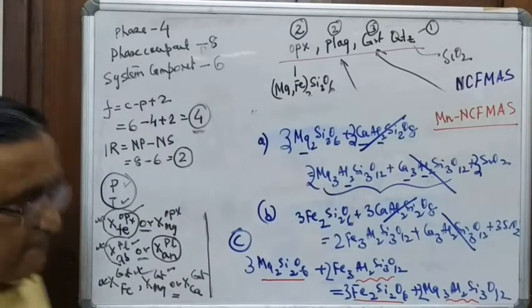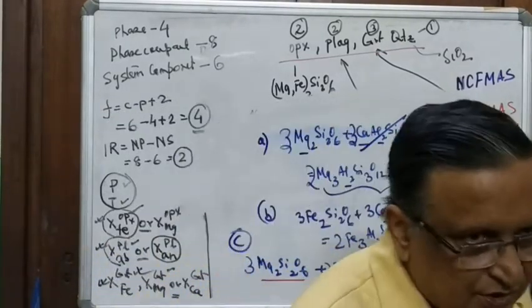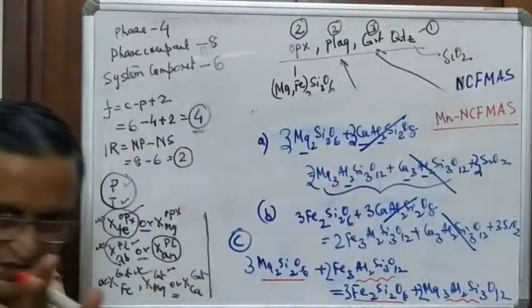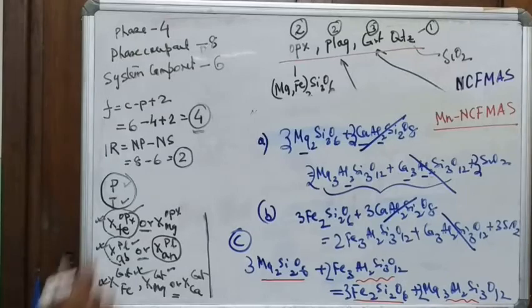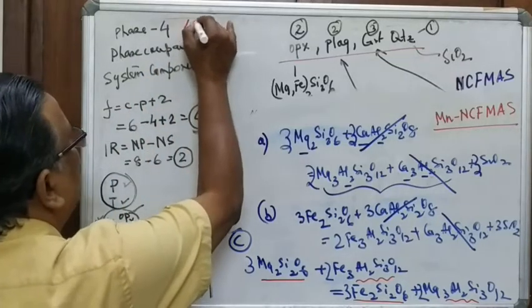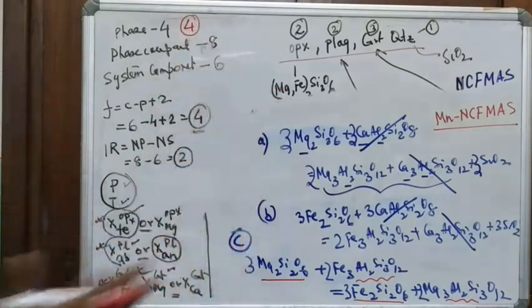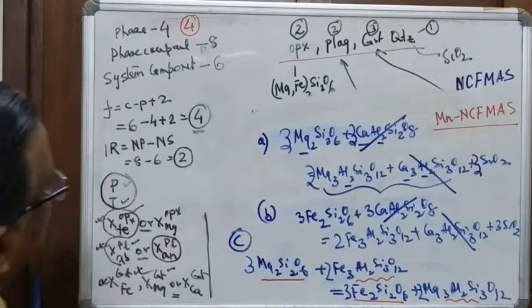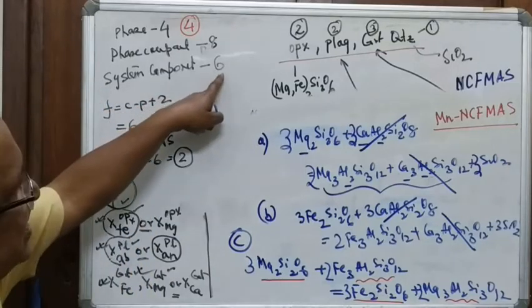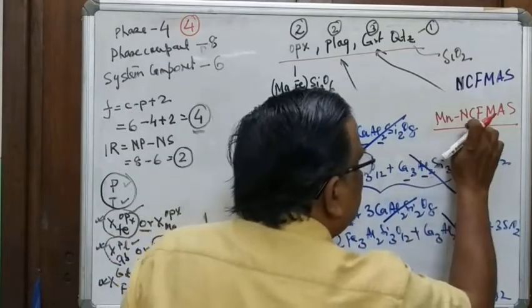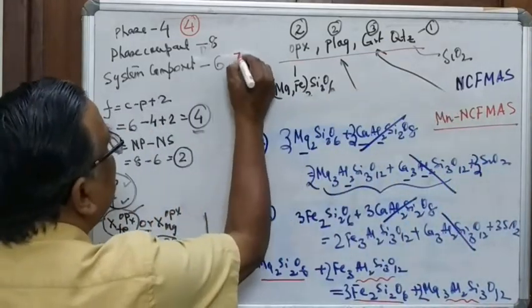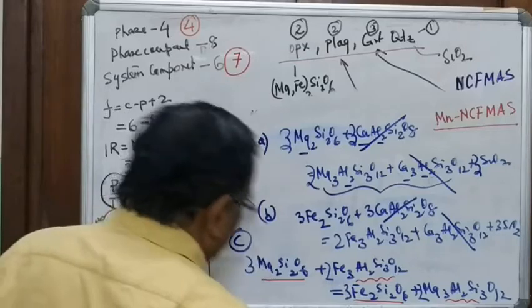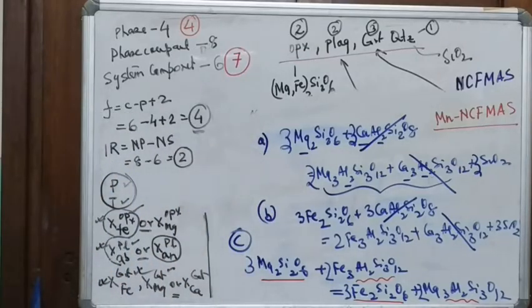If there is Mn in addition, so you can see here, once again giving the clue, phases here are 4, it also remains 4 because we haven't added any phase as such. System components now, it was 1, 2, 3, 4, 5, 6, now you have 1 more, so you have 7, right? You have 7 now.